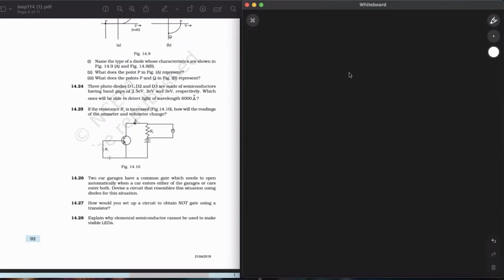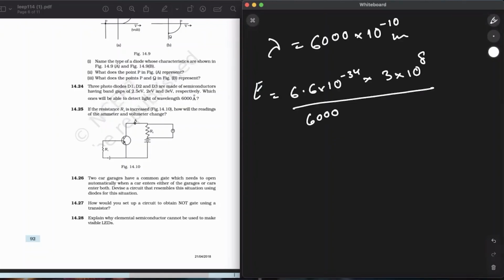Let's calculate it. It is 2.0625 electron volts. So the incident radiation is detected by the photodiode D2, because the energy of the incident radiation is greater than the band gap.